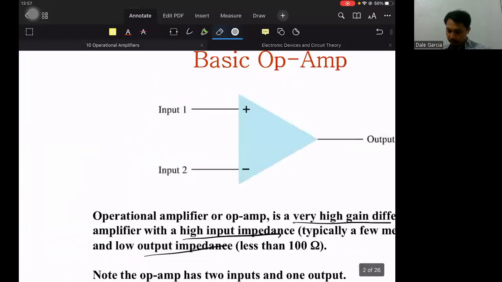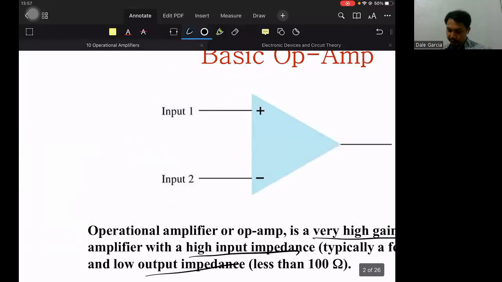Let me label. So, the input designated as positive is what we call the non-inverting input. So, it doesn't mean na positive lang ato ibutang diha.